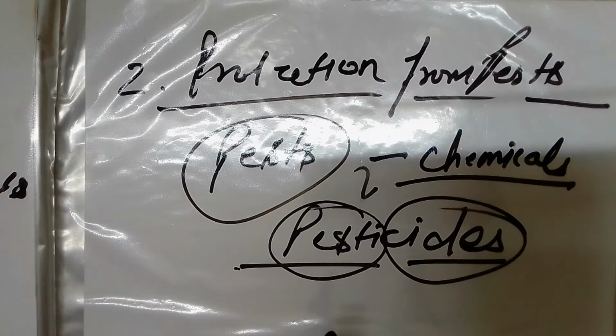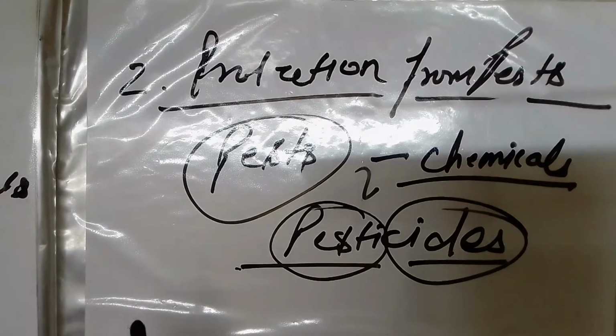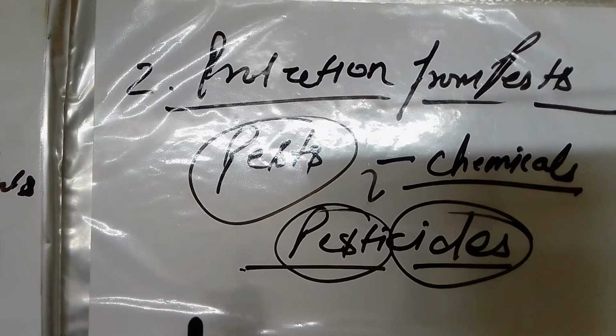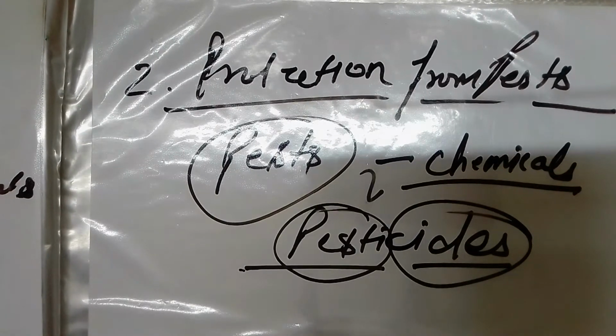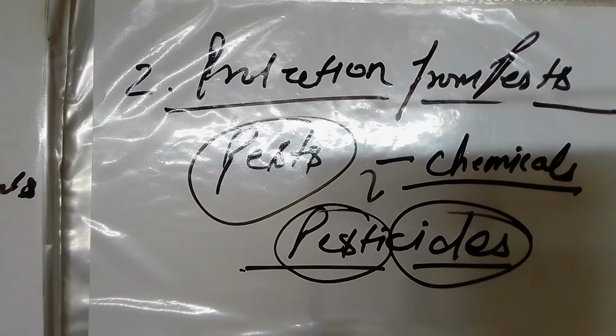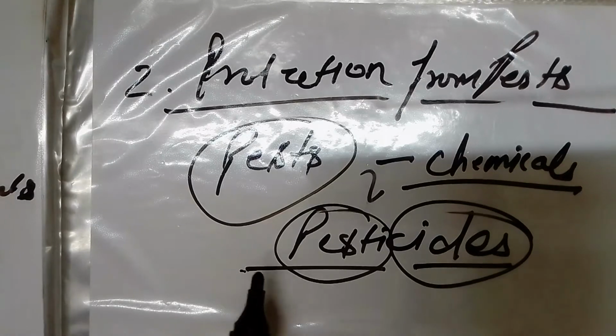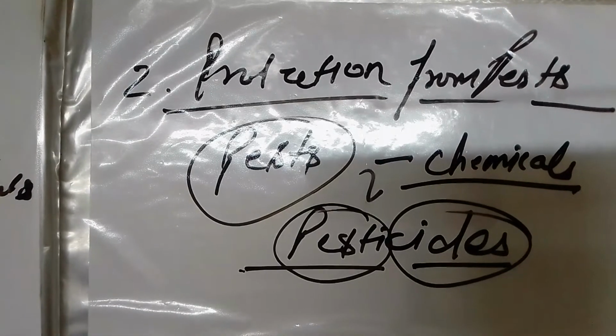First I discussed protection from weeds, and second protection from pests, and how we can enhance the yield of crops by killing the weeds and the pests.